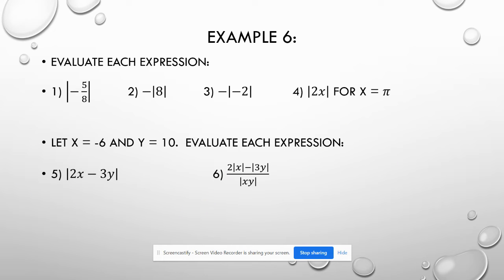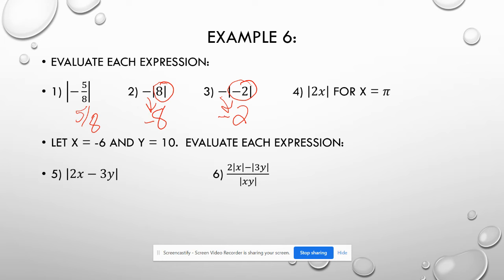Let's try a couple. Example 1, the absolute value of -5/8 is 5/8. 2, the absolute value of 8 is 8. This negative is on the outside, so we bring that down, and the answer would be -8. Again, starting on the inside, the absolute value of -2 is 2.